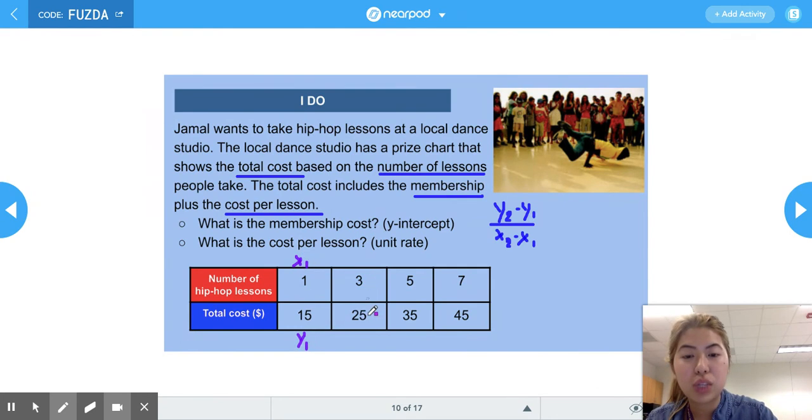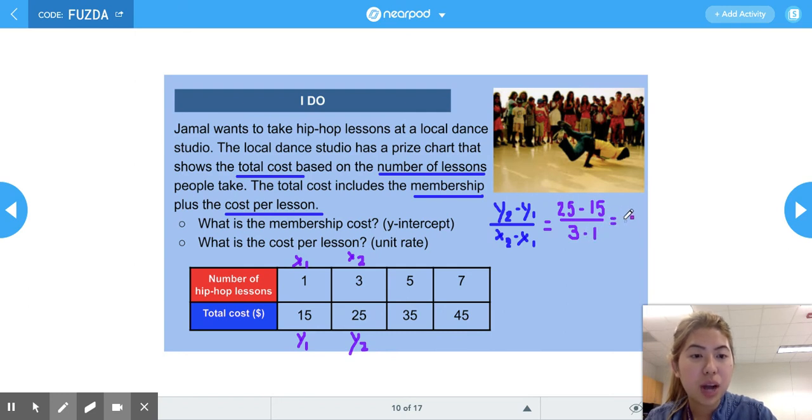If I'm choosing 3, 25, I'm labeling 3 my x2, and 25 my y2. And from here, I'm going to plug these numbers into the equation. So y2 is 25. We're subtracting y1, which is 15, over x2, which is 3, minus x1, which is 1.